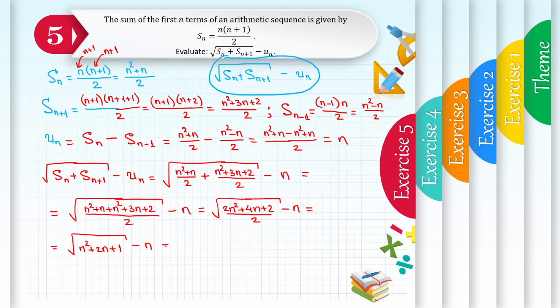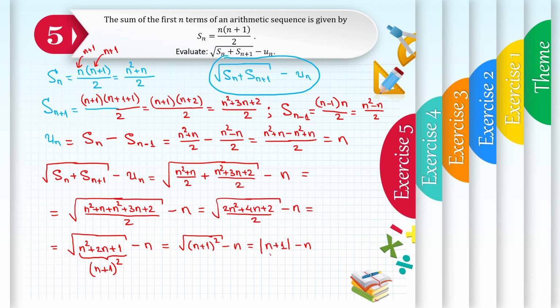If we analyze the expression n squared plus 2n plus 1, it is n plus 1 squared. So we have the square root of n plus 1 squared minus n, which is the absolute value of n plus 1 minus n.